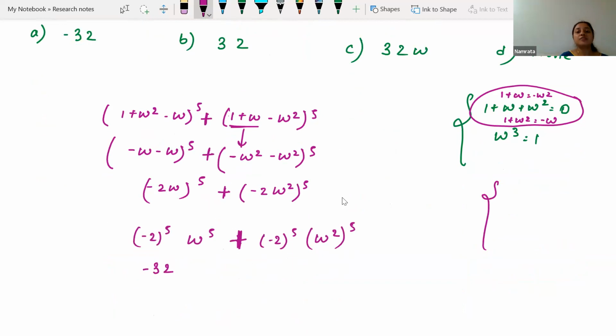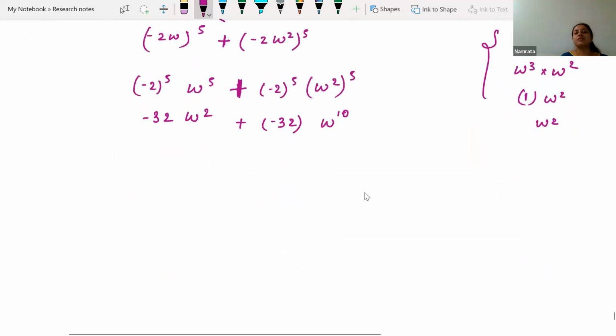So omega to the power 5, can I write it as omega cube into omega square? Yes, ma'am. The value of omega cube we know is 1, so it will be only omega square. Let me write as it is. Plus, minus omega square to the power 5, which becomes omega to the power 10.